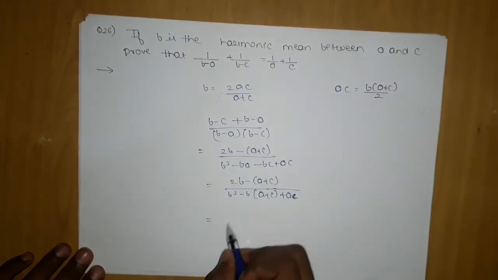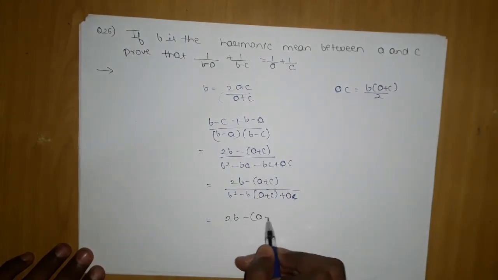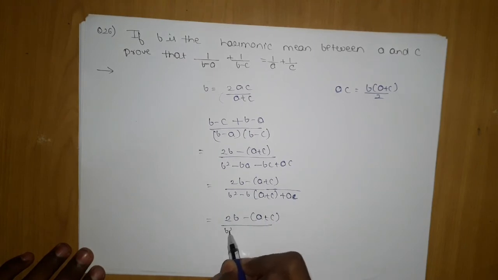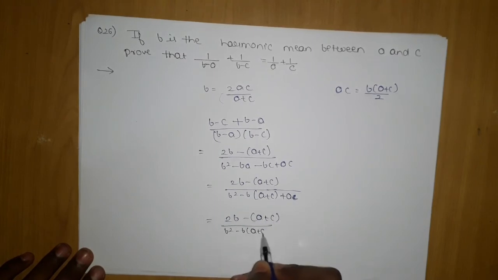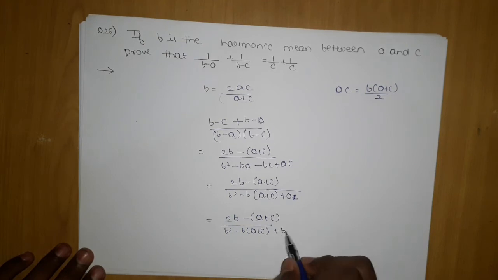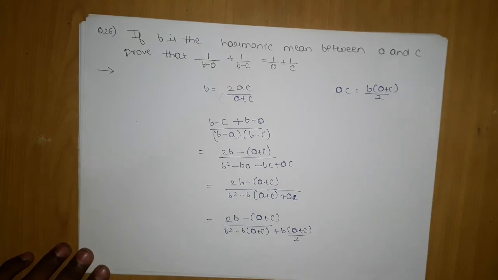The moment we substitute it, we have 2b minus (a plus c) upon b square minus b(a plus c), and here we have now b into (a plus c) upon 2.